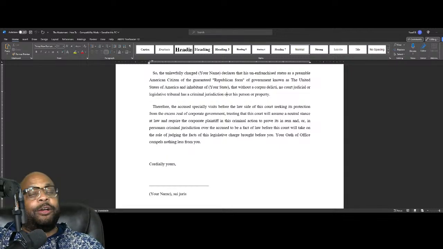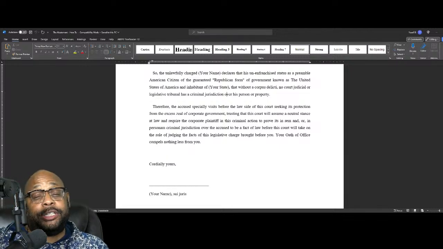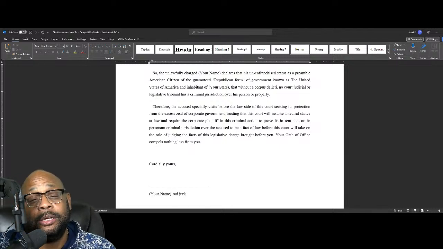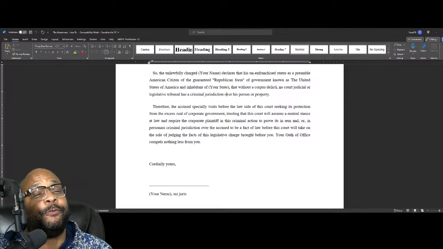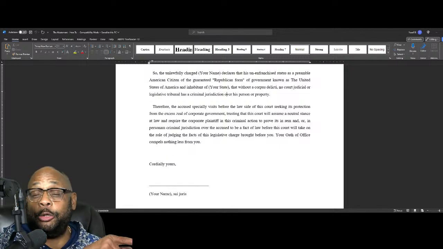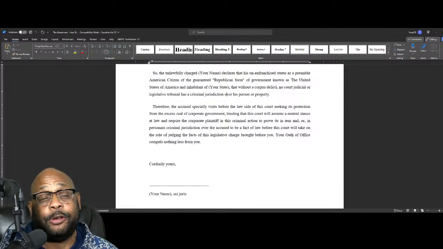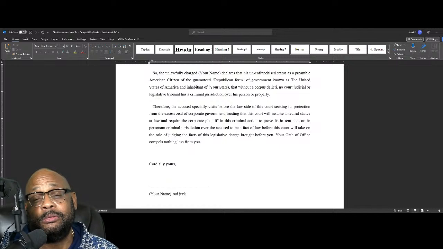You're not sounding like a crazy person. You're sounding like somebody who very thoroughly understands the law. Like a sovereign is supposed to. Because when a sovereign very thoroughly understands the law, they understand that you know how to get at them if they don't follow the law.